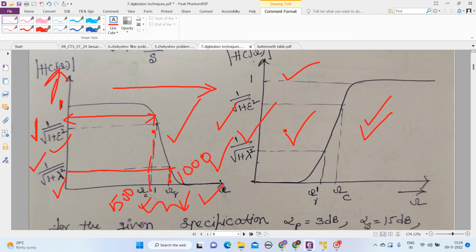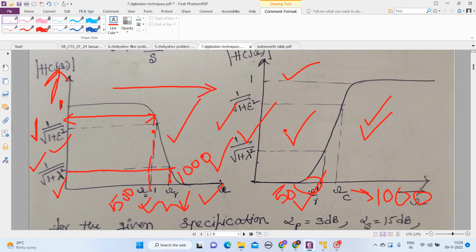If we transform to the high pass filter magnitude response, the cutoff or pass band frequency becomes the stop band frequency, 500 radian per second, and the stop band frequency becomes the cutoff frequency, 1000 radian per second.